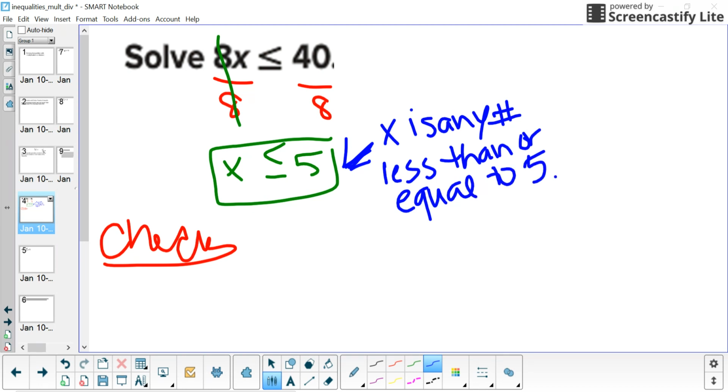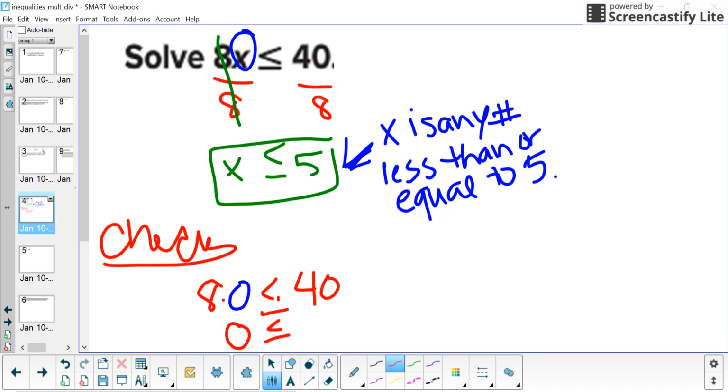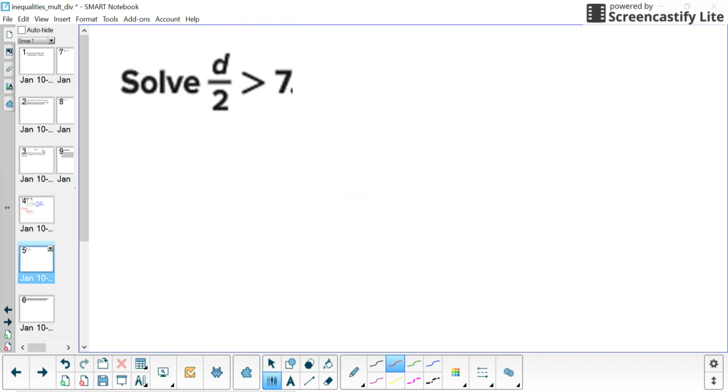So an example of that would be 0. 0 is less than or equal to 5. So instead of x, I'm going to plug in 0. So 8 times 0 is less than or equal to 40. Let's see if that's true. If I solve, I get 0 is less than or equal to 40. Yes, that is true.